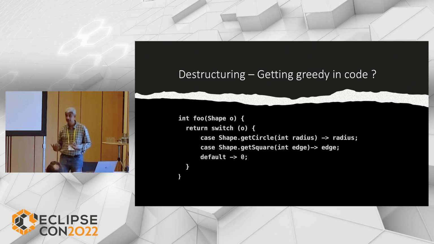We can get greedier. Using the methods we can extract things out of it, the static thing. So this is not implemented. The one which I showed earlier is in the preview stage, while pattern switches are again in the preview stage. So you should not be using them in production code, but instanceof is one which you can use in production code. As of now, it will come out soon.